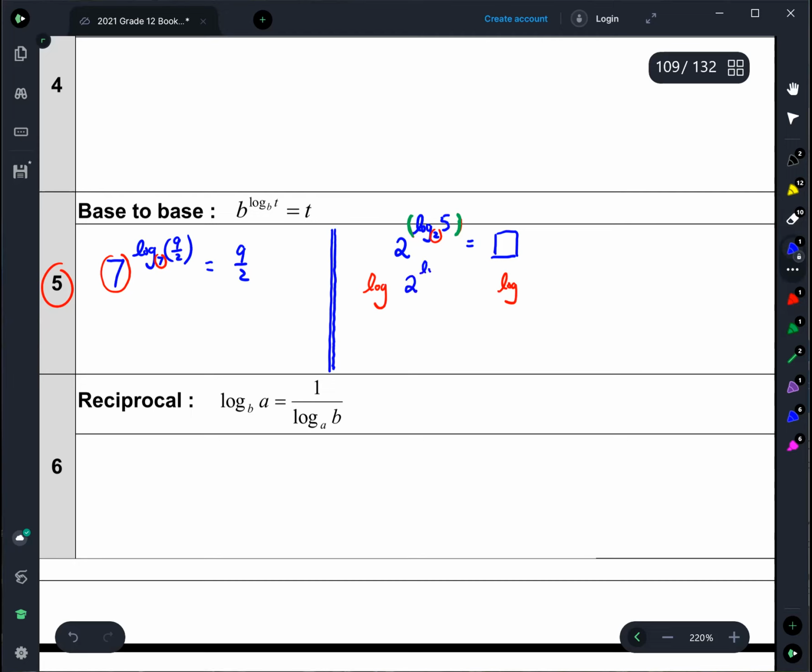We put the log on both sides. Okay, so the red thing is the new log I put on, and then I will choose log to have a base of 2.